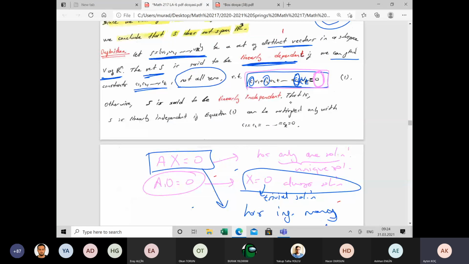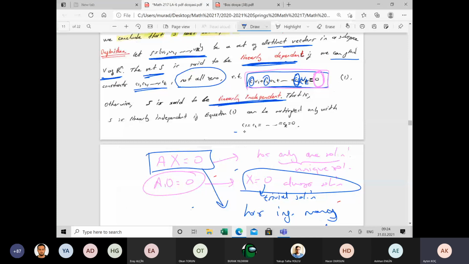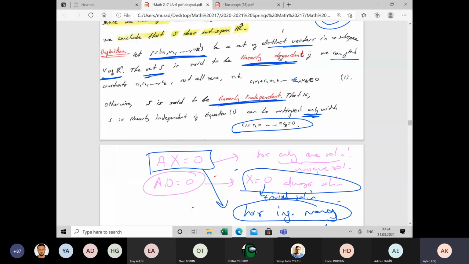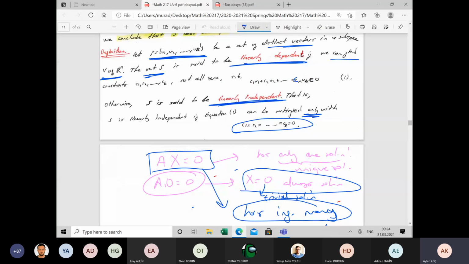If the system has infinitely many solutions, it is possible to get non-zero c1, c2, up to ck, not all of them 0, and so this set is linearly dependent. Any question?